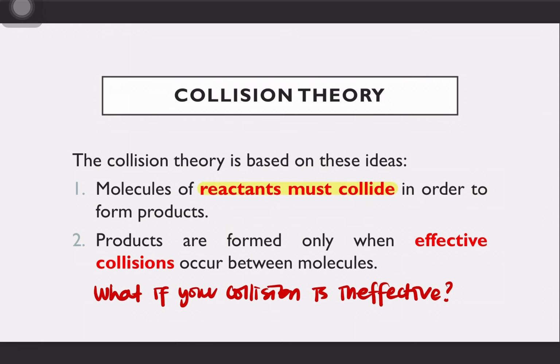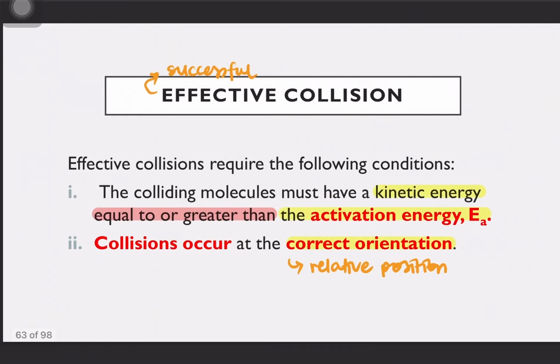Secondly, your products are formed only when effective collisions occur between molecules. So that means that you need to have an effective collision. If your collision is ineffective, then you will not be forming any products. Alright, so those are the two ideas for collision theory.